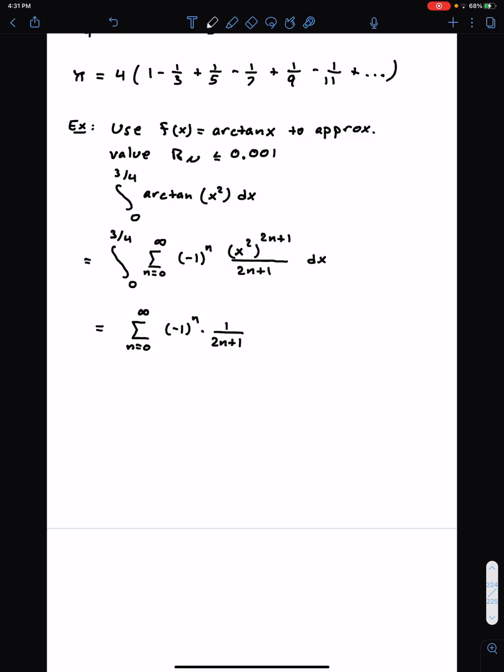If I integrate x to the 4n plus 2, I get x to the 4n plus 3 divided by 4n plus 3. And I evaluate this at 0 and 3/4.